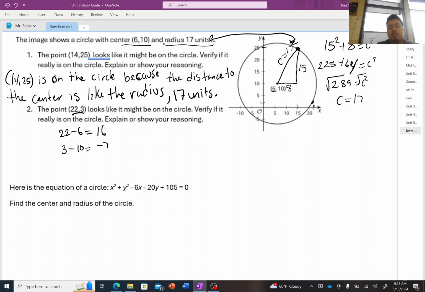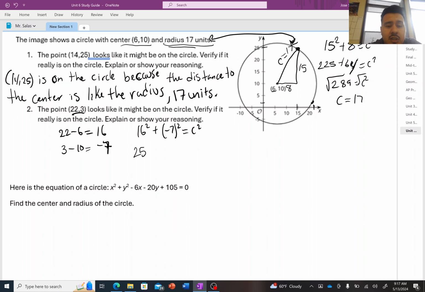And then I want to plug them into the Pythagorean theorem, which gives me 16 squared plus negative 7 squared is equal to c squared. Remember, we're trying to make it be equal to 17. Let's see if this is equal to 17.